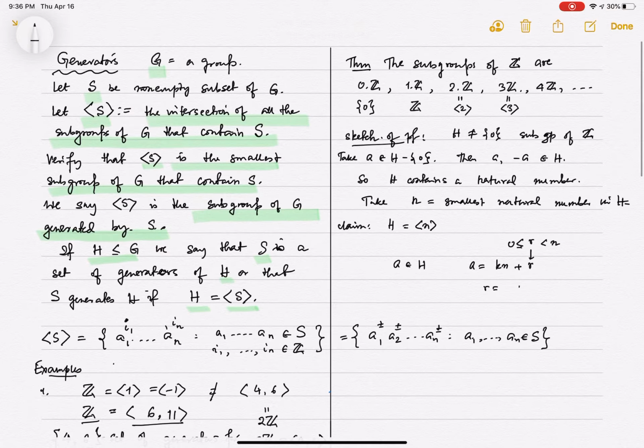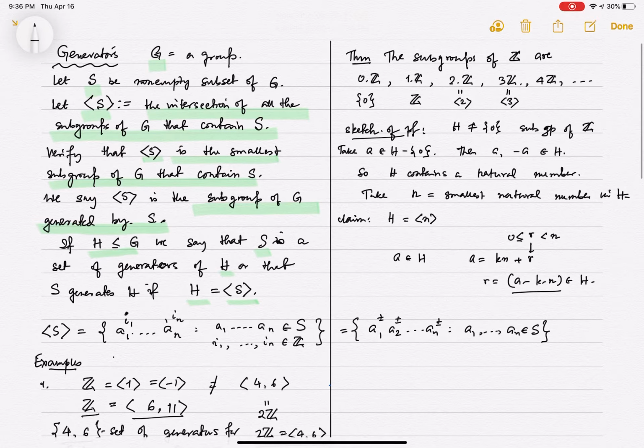But now this r is a minus a multiple of n, and this is still in H. So this cannot be non-zero, because if it was non-zero, then it would be a smaller thing than n in H. But n was the smallest natural number in H. So r has to be 0, so a has to be a multiple of n. So I won't write the rest. I'll let you fill this in.